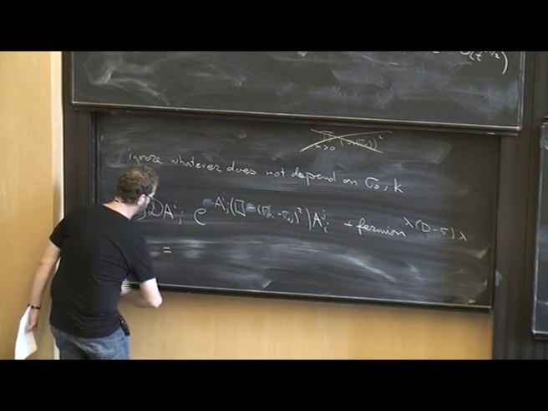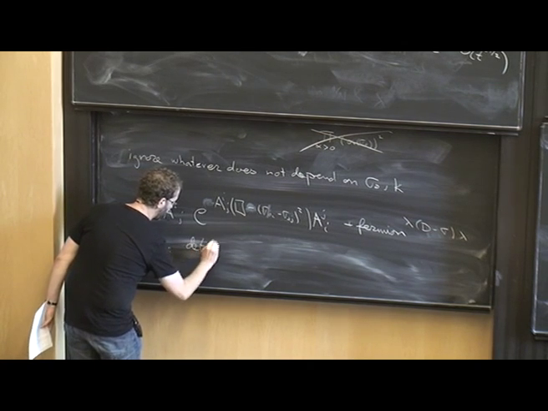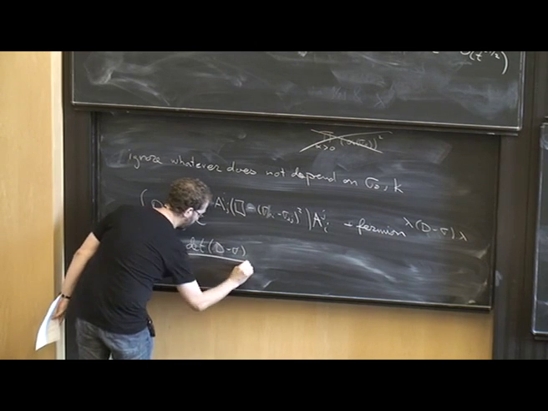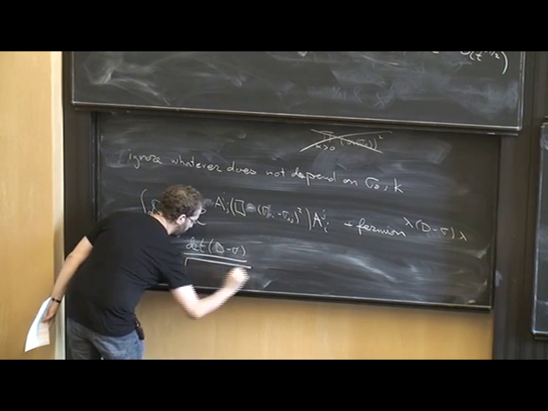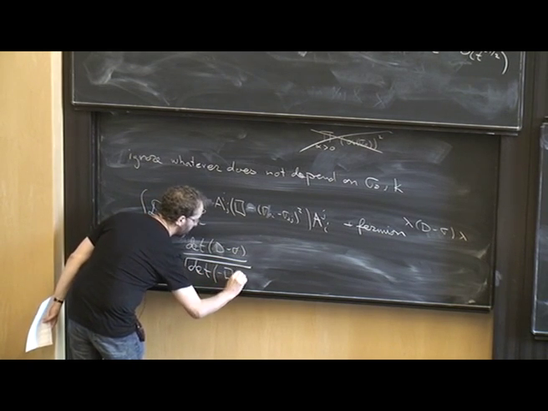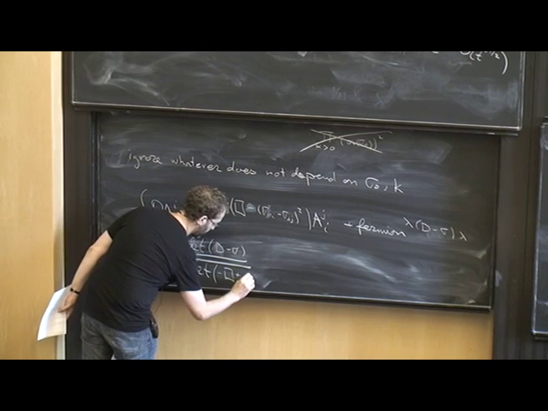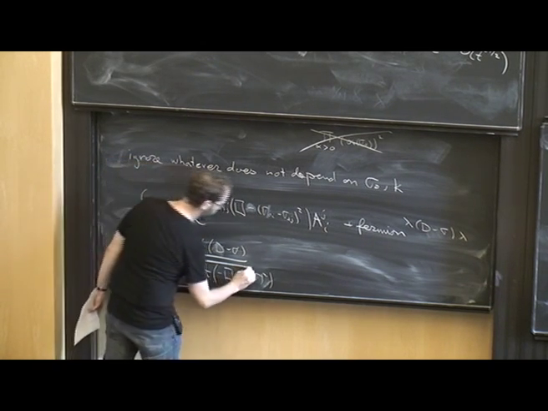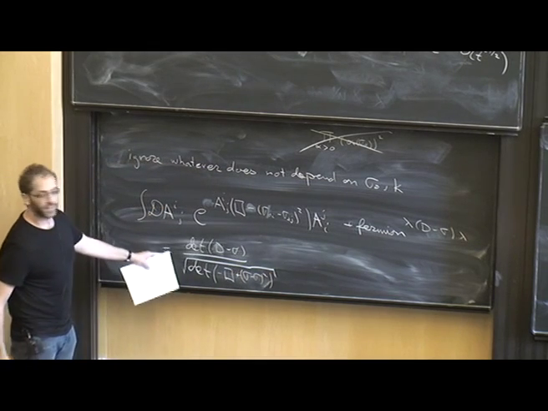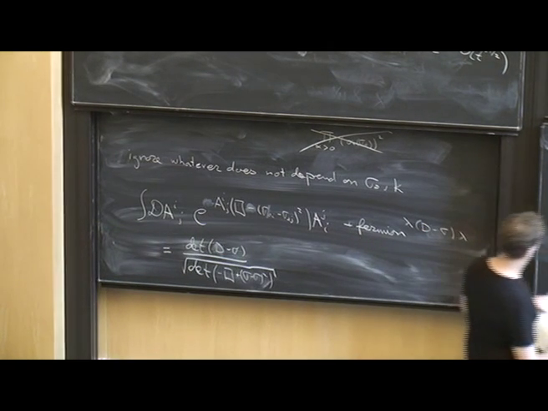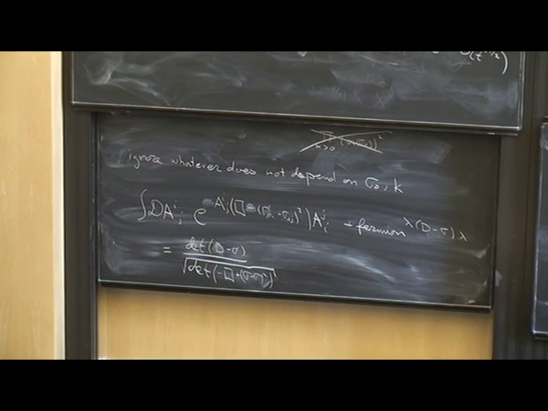So this will be equal to the determinant of D minus sigma divided by the square root of the determinant of box squared, schematically. This is sort of obvious.